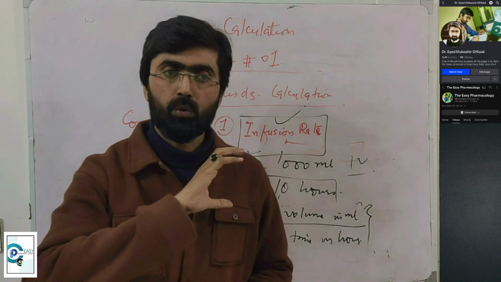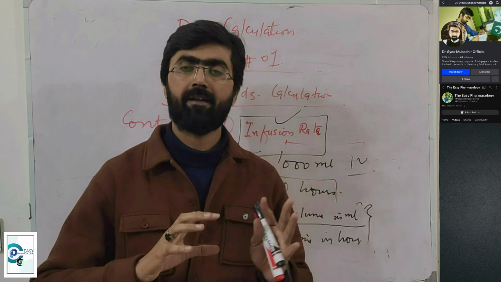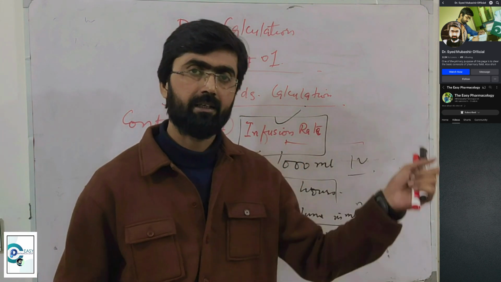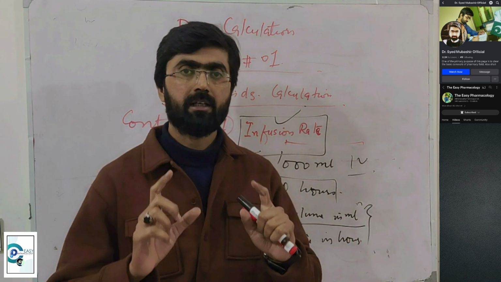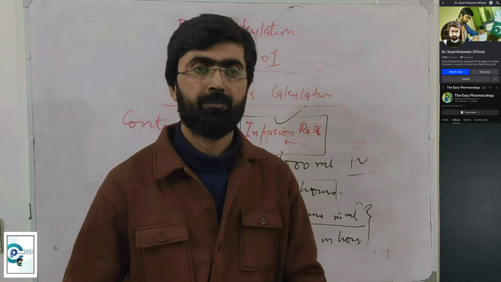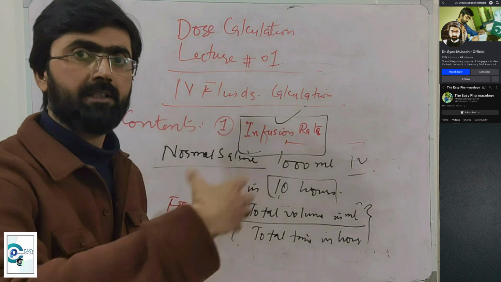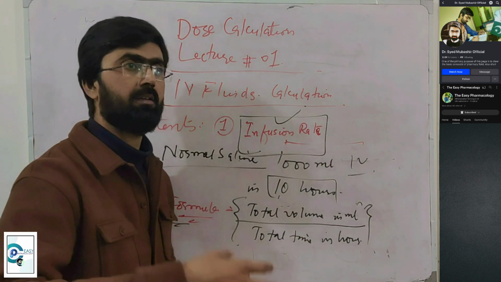Whatever the total quantity has been given to infuse and whatever the total time has been given to finish that total quantity, we have to just calculate the infusion rate. The quantity might be 1000 ml, 2000 ml, 3000 ml and so on, and the time can be 10 hours, 8 hours.